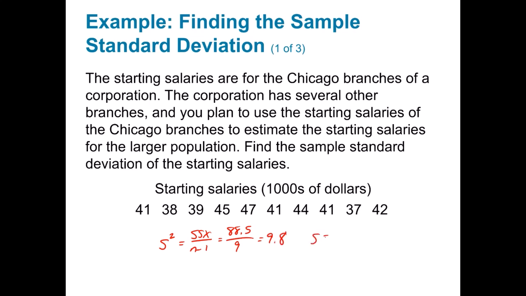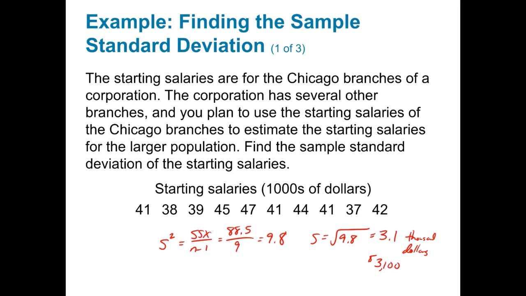And then to get the standard deviation, we take the square root of 9.8. So what do you get for that? 3.1. So in this case, this would be $3.1 thousand, or if we wrote it out, 3,100. That would really be our standard deviation.